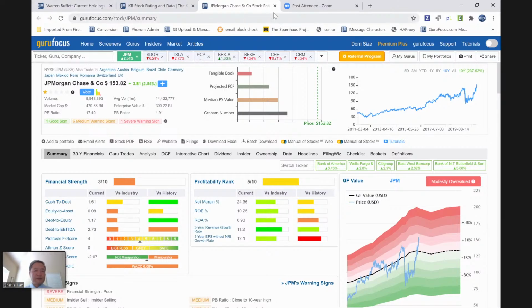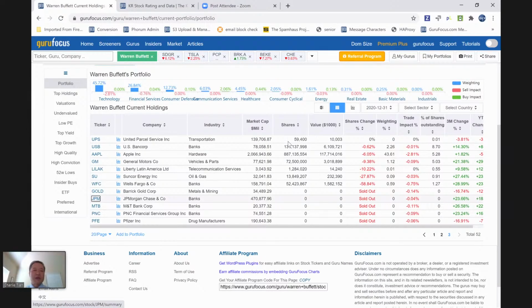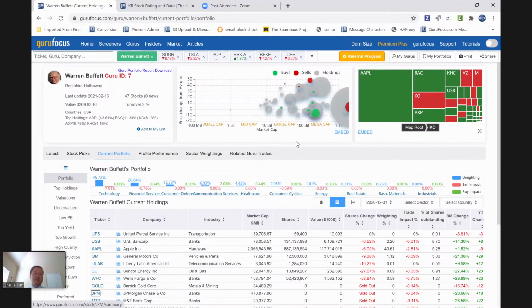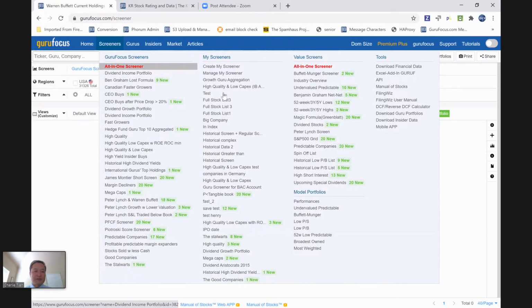Okay, that's Warren Buffett's portfolio. A few tools I want to highlight here, because we just updated the Guru portfolio, and you can use the tool to find the stocks your favorite gurus are buying. Actually, you can do that in our all-in-one screener, for instance.